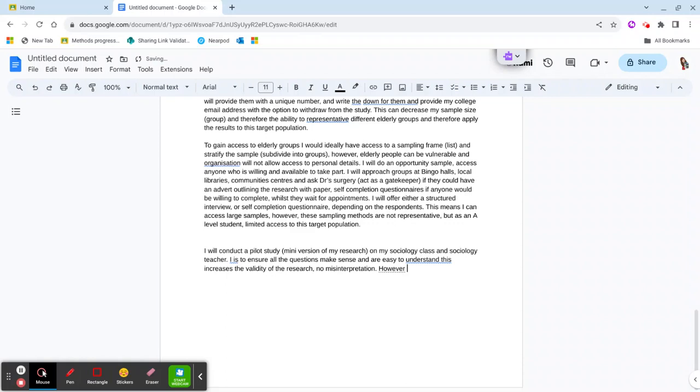However, pilot studies are time consuming, and I won't be able to use the data in the research, as the sample is not of elderly groups.